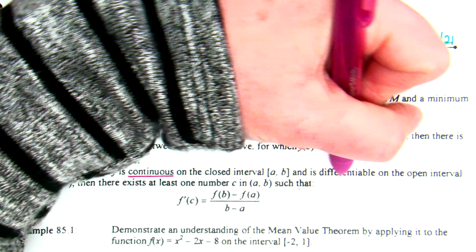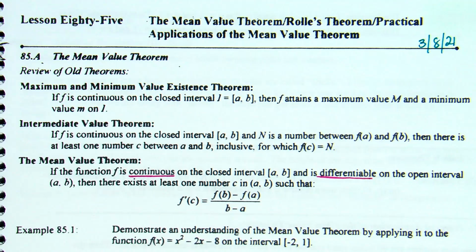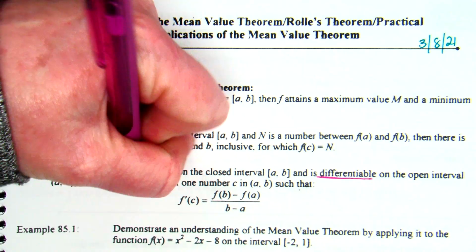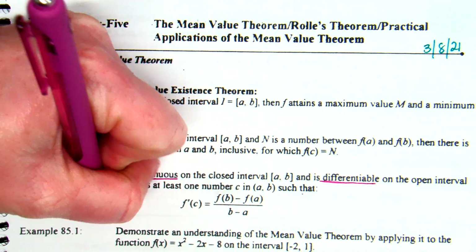Okay, there exists at least one number c in the interval that the derivative at that point is equal to f of b minus f of a over b minus a, which again is essentially equal to slope if you think about it. Okay, because slope is doing y minus y over x minus x.